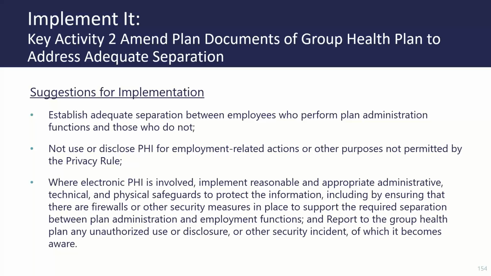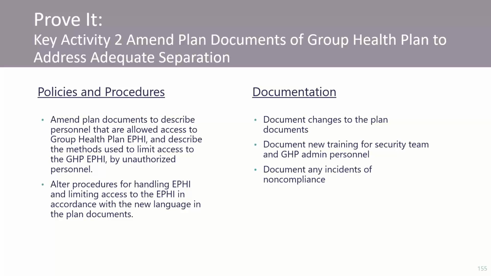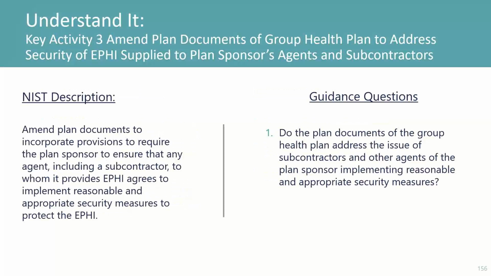You've got to make sure that those are separate and that you had a right to make that decision under human resources, regardless of what you glean from the plan. And again, that comes down to documentation as to adequate separation and how you're actually going to be doing this.